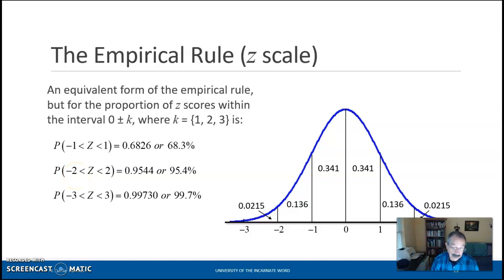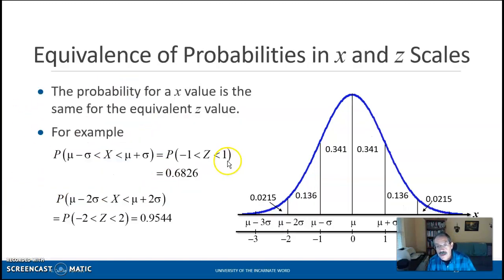Or the probability that z is between -3 and +3 standard deviations above and below the mean is 0.9973. So now you can see that the probability remains the same.